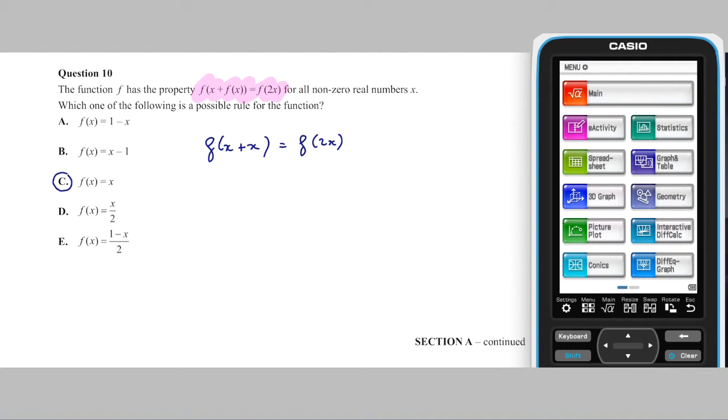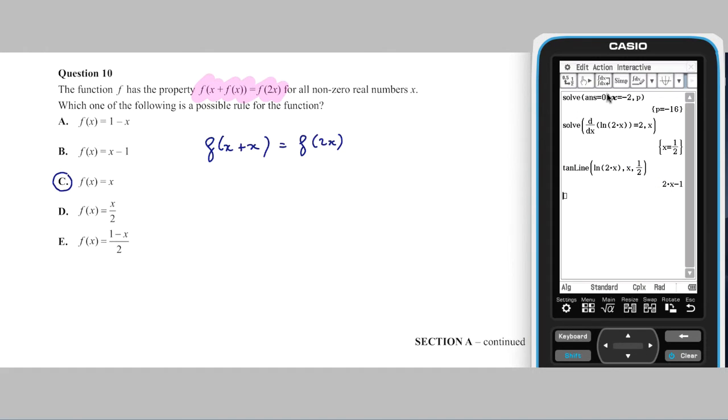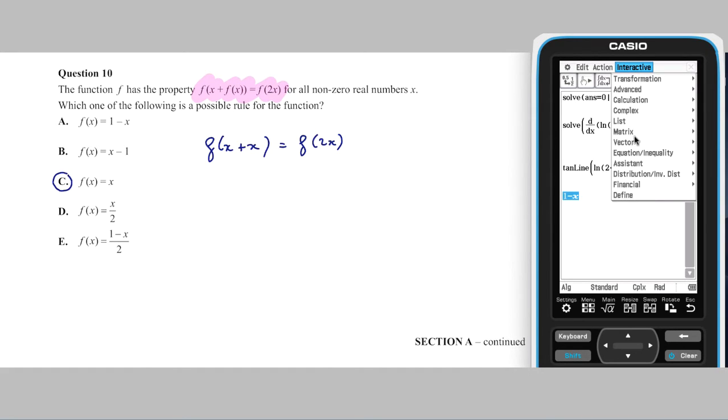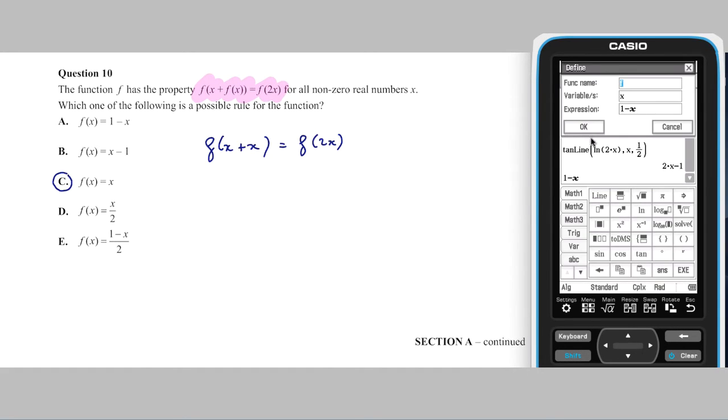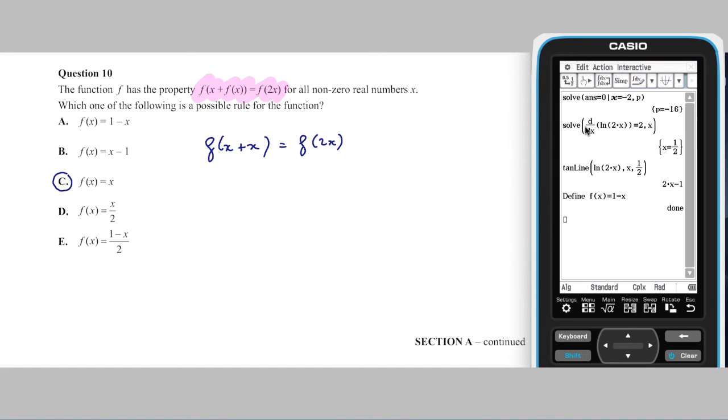An alternative approach is to judge the truth of the statement for different functions f using the judge command on our ClassPad. First we will define the function f of x. Here I'm defining a, the first possible function, and now call up my judge command.